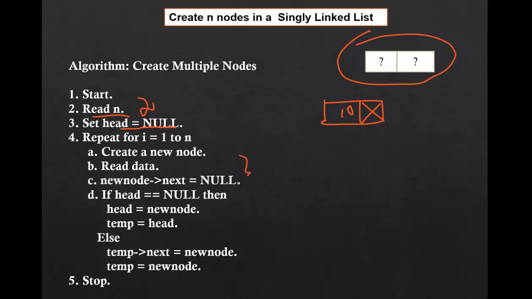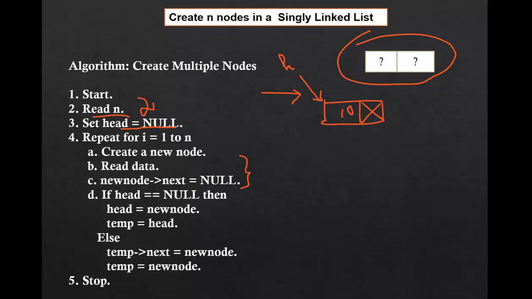Now if head is equal to null, yes, head is equal to null. So make the head point to the new node. This is my new node created. Now my head is pointing to the new node. Also temp is pointing to the head, so temp is also pointing here. One node is created.